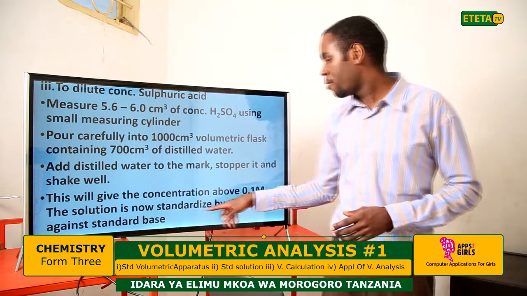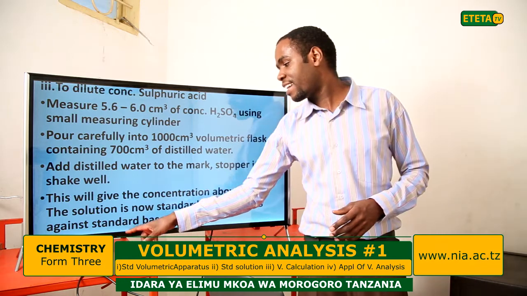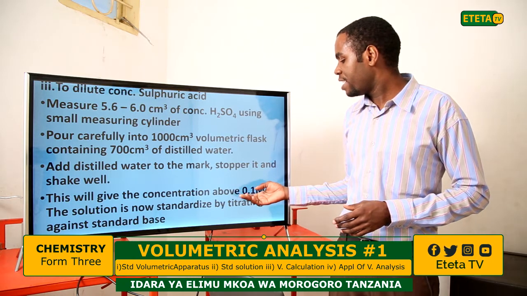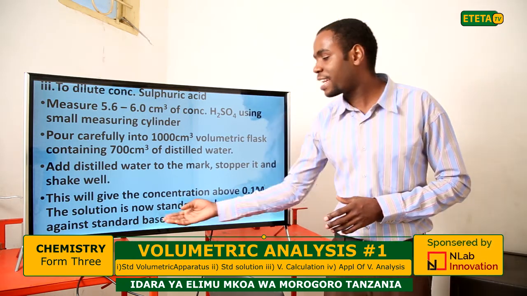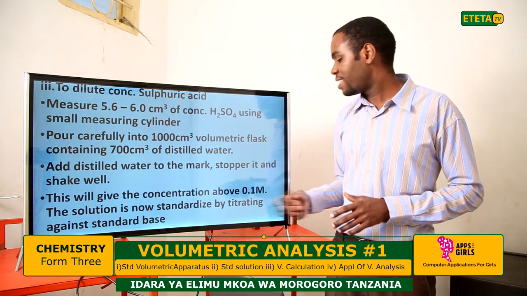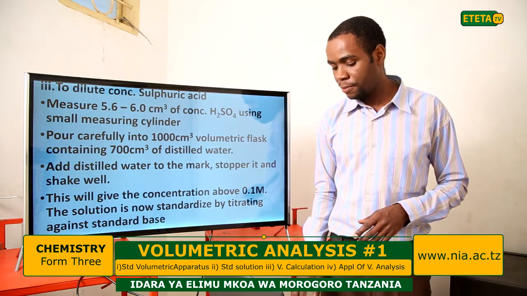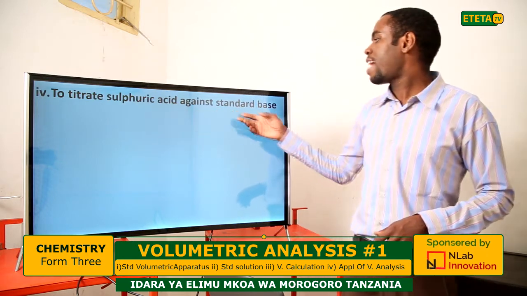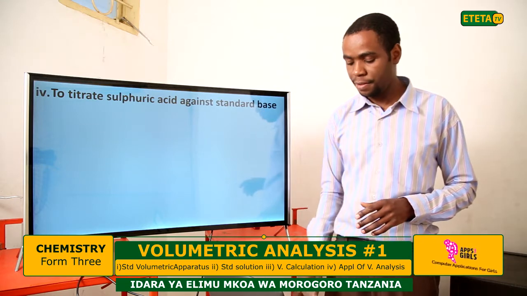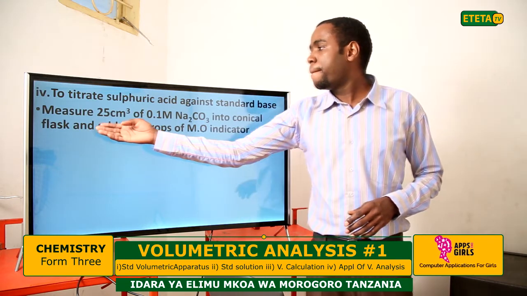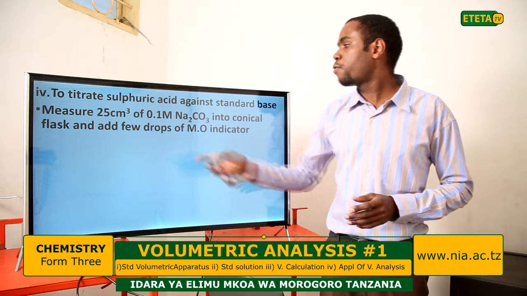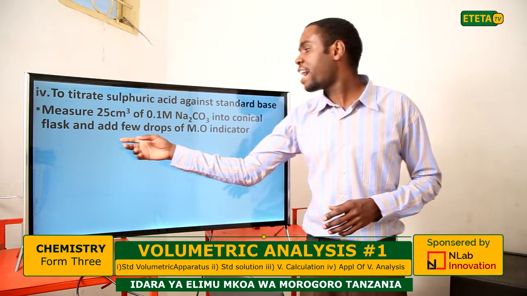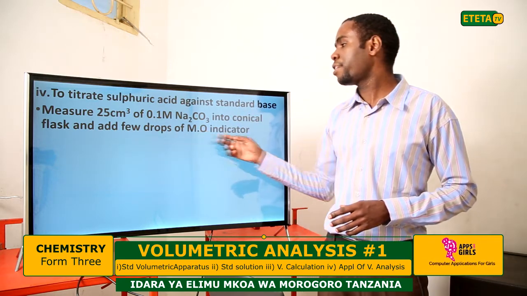The solution is now standardized by titrating it against a standard solution. Because the concentration obtained here is above 0.1, we standardize by titrating it against the standard base. Now, to titrate sulfuric acid against the standard base, measure 25 centimeter cube of 0.1 molarity sodium carbonate into a conical flask using a pipette, and add a few drops of methyl orange indicator.